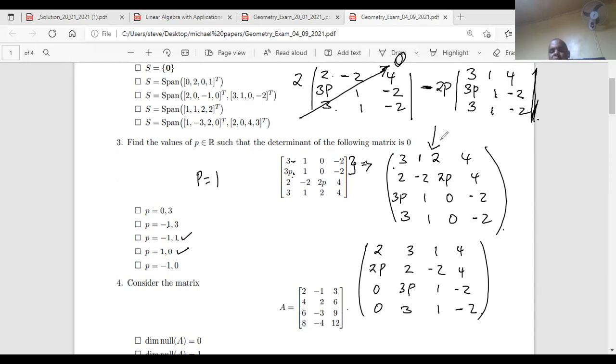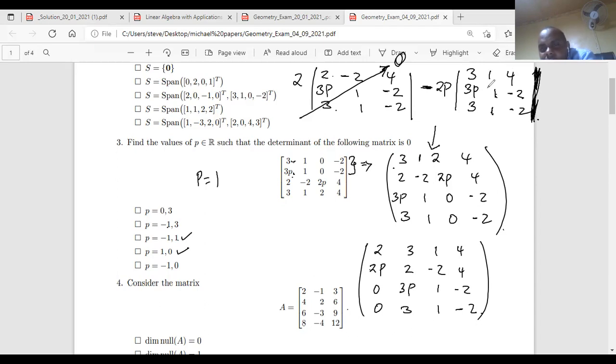Which ones are dependent? 3p, 1, minus 2 and 3, 1, minus 2, so the 2p. But I'm assuming p is not 1. They can only be dependent if p was 1. I'm assuming we don't know the value of p. At least we can see that if p is 1, they're going to be dependent, right?